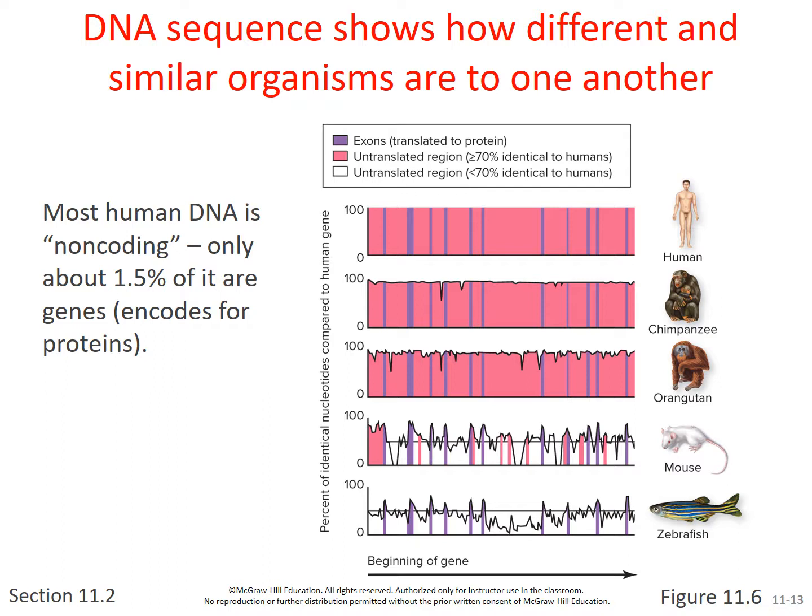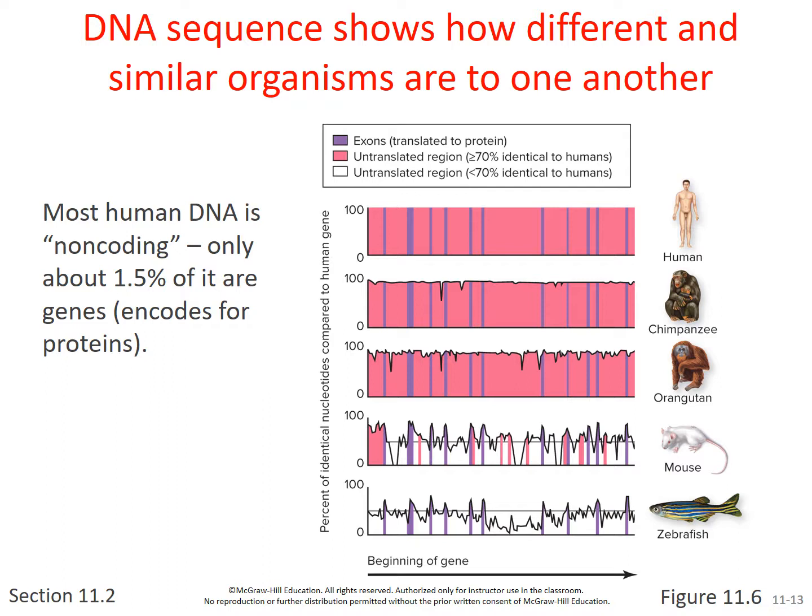When we look at the entire genome of an organism, let's say a human being, not all of the DNA is used to make proteins. Not all of the DNA are genes. A lot of the DNA is non-coding material. Only 1.5% of a human's genome is actually encoding for genes, encoding for proteins.